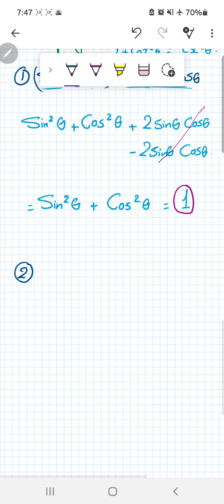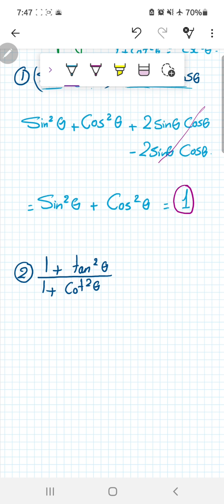Another one, number 2. Also simplify: 1 plus tan squared theta over 1 plus cotan squared theta. We said before tan equals sine over cosine.